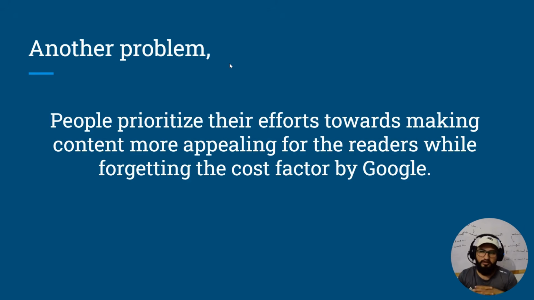Another problem, the main problem that most people doing SEO forget, is that they prioritize their efforts towards making content more appealing for the readers while they forget the cost factor for Google. Always remember, Google is a machine, and a machine is running on cost. Google is a commercial company making money through ads.